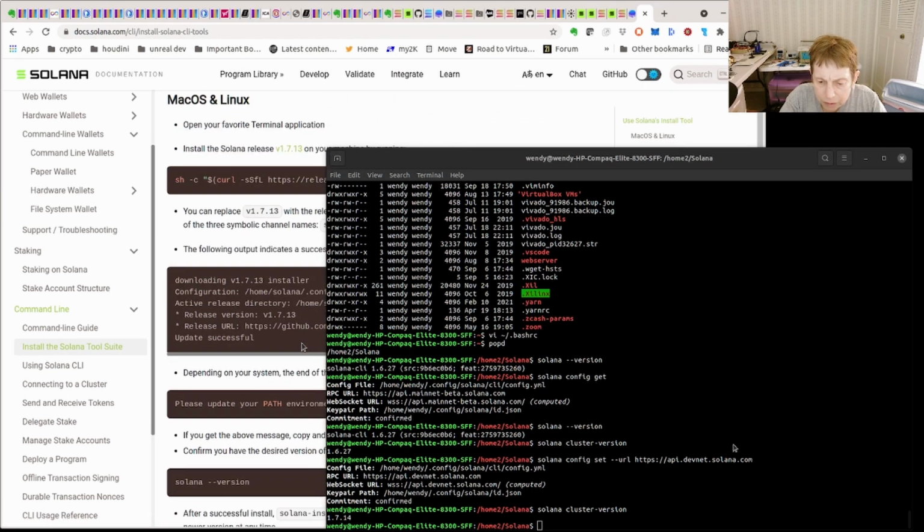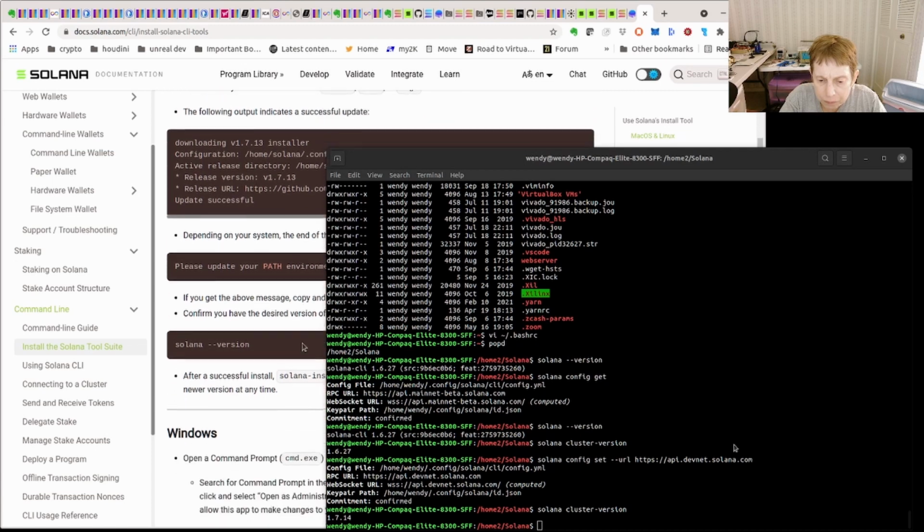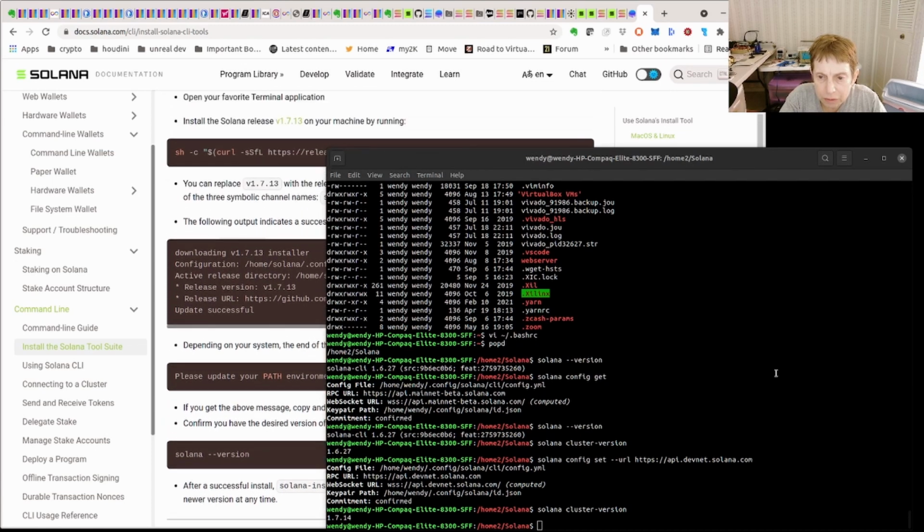Although, if we were using this, we probably want to get, I think they talked about several versions. Let's see what we had. They did talk about stable, beta. We probably want beta. Or we can use this update command as well.